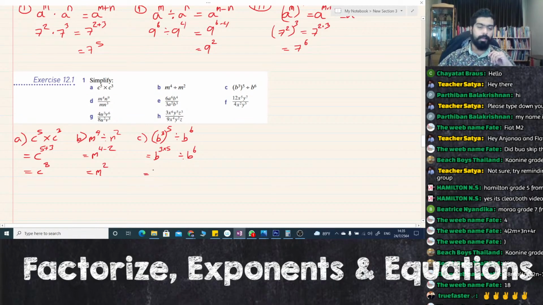Now what do we have here? b raised to the power of 3 times 5 is going to give us 15, divided by b to the power of 6. Now once we are here, we can use law number 2. The bases are the same, so if the bases are the same and they're dividing each other, we subtract the exponents. So we would have b to the power of 15 minus 6. Therefore the answer is b to the power of 9.